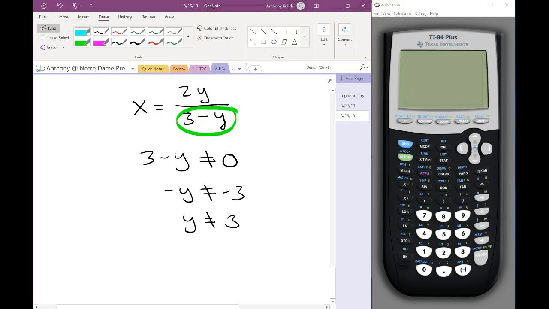If I rewrite this then as an inequality, I know that's the same thing as y is less than 3, or y is greater than 3.